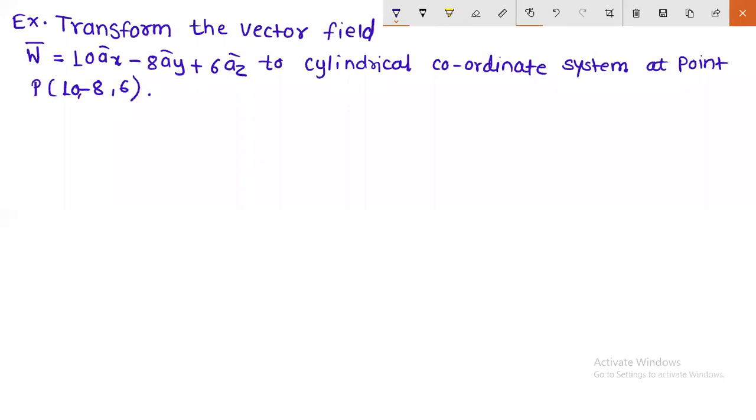So we have to transform this vector w bar. Now this w bar is given in Cartesian coordinate system, right?